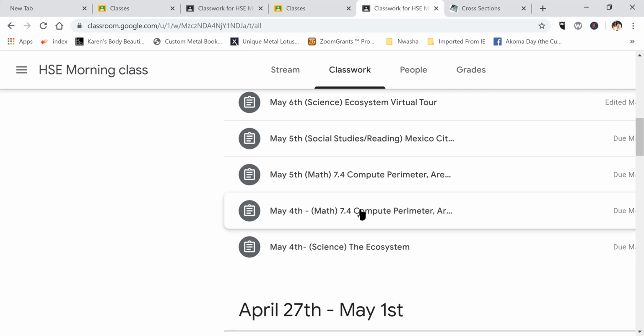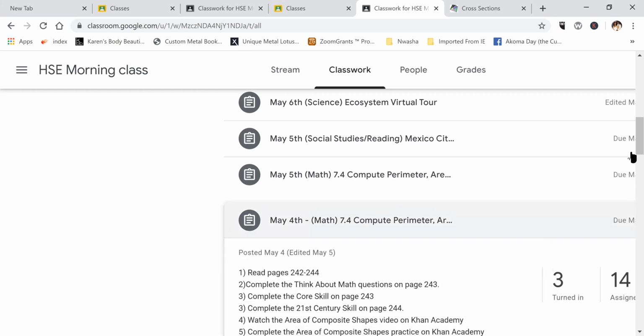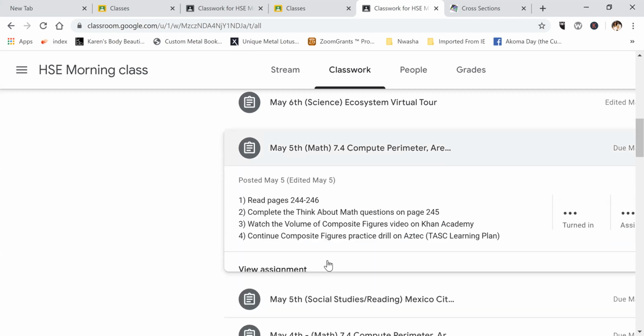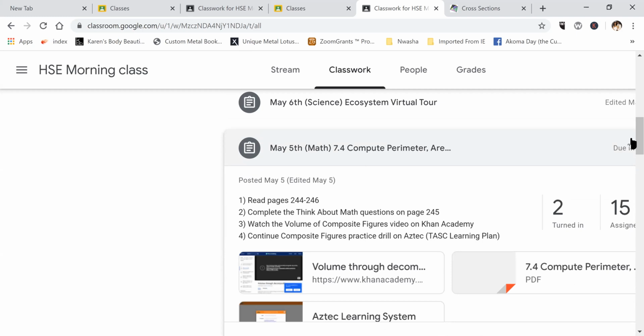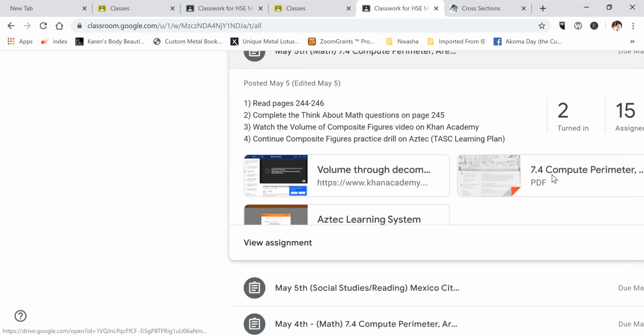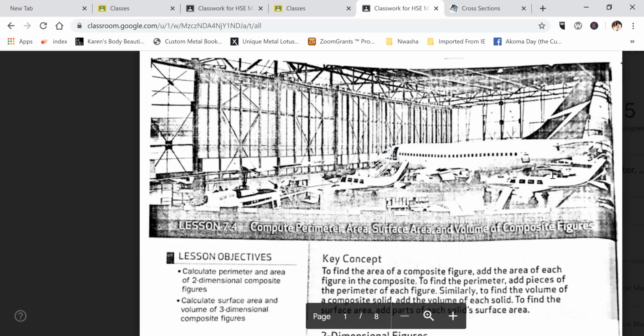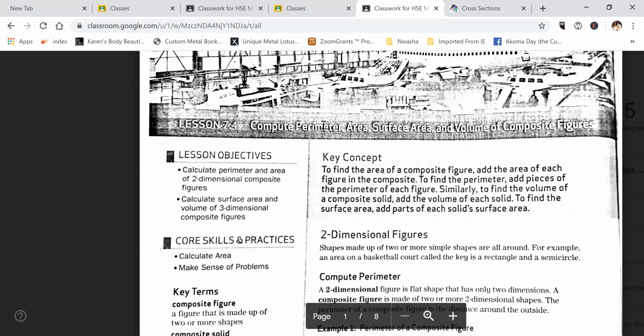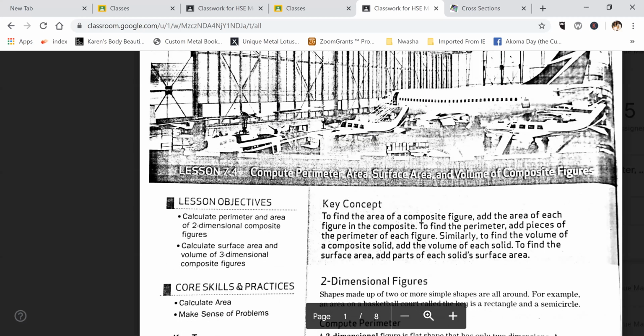But 7.4 was everything, but it just had to do with the composite figures. So it's the same things, but it's just a matter of combining shapes. So for 7.4, it went back to perimeter and area and surface area and volume.